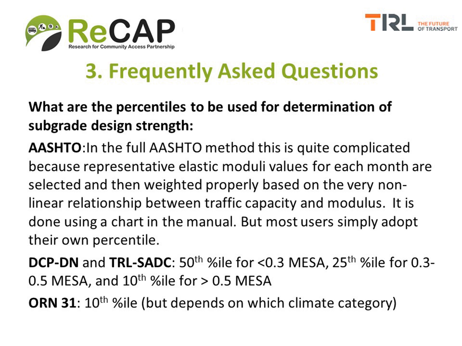The AASHTO method. In the full AASHTO method described in the AASHTO manual, the method of determining the subgrade strength for design is quite complicated, because the representative elastic modulus value for each month of the year are selected and then weighted properly based on the very non-linear relationship between traffic carrying capacity and elastic modulus.